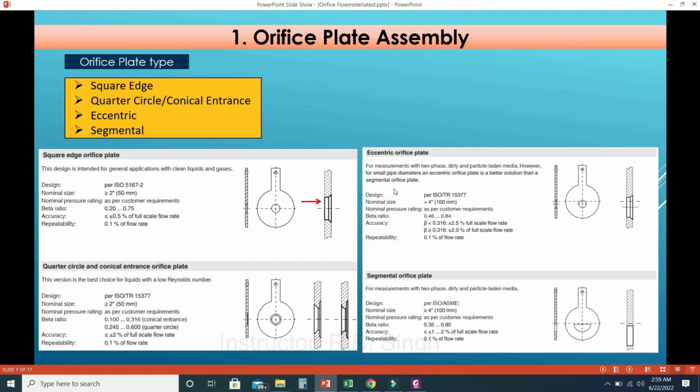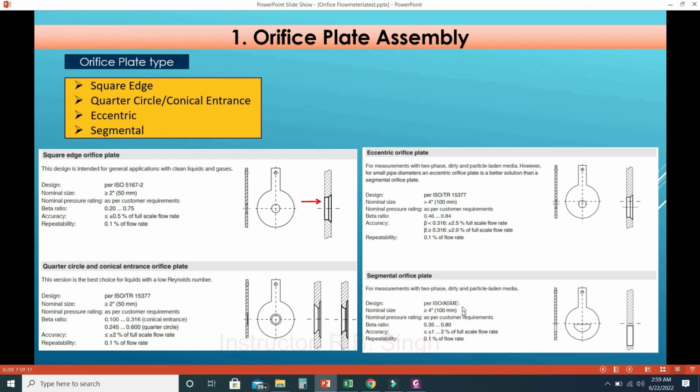Eccentric orifice plate: for the measurement of two-phase flow and dirty, particle-laden media. However, for small pipe diameters an eccentric plate is a better solution than others like segmental. For pipe sizes greater than 4 inches and in dirty, solid-particle-containing process media, we prefer eccentric type orifice plate.